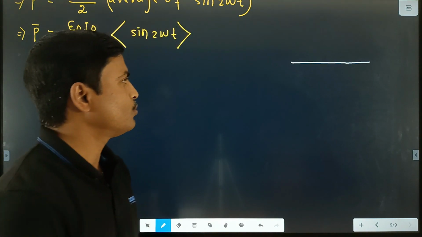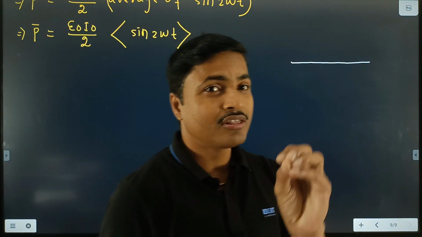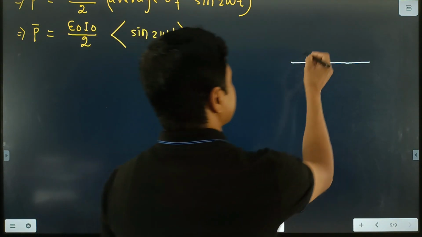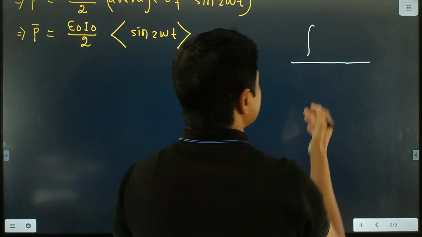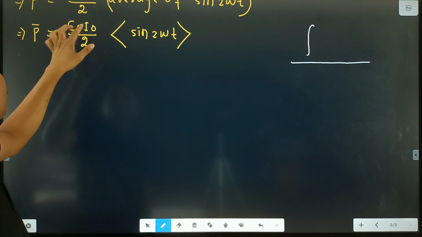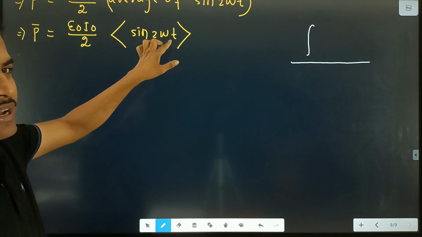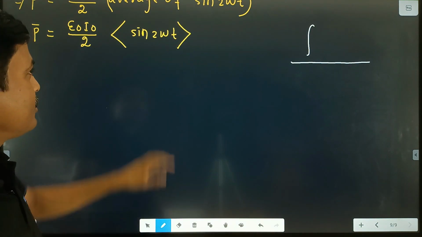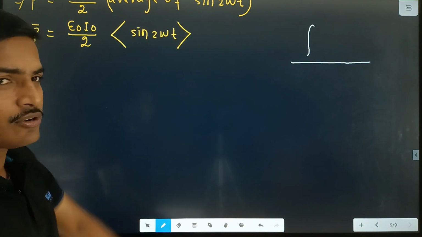Here also we add all the instantaneous power. Addition means here you integrate all the instantaneous power, and all the instantaneous power means E0 I0 by 2 sin 2 omega t, and here only we find out the average of sin 2 omega t.